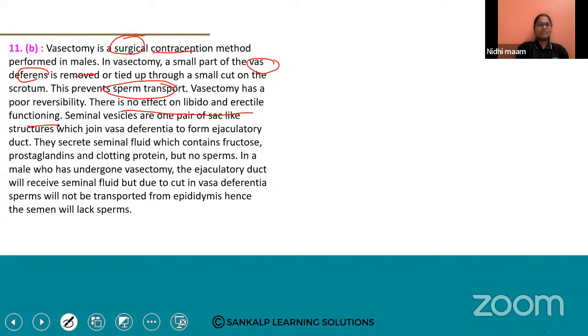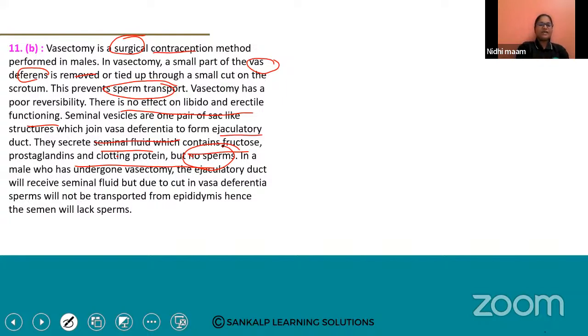Seminal vesicles are one pair of sac-like structures which join vasa deferentia to form the ejaculatory duct. They secrete seminal fluid which contains fructose, prostaglandin, creatine protein, but no sperms. When vasectomy has been done, the seminal vesicle will still secrete seminal fluid containing fructose, prostaglandins and protein, but sperms will not be secreted.